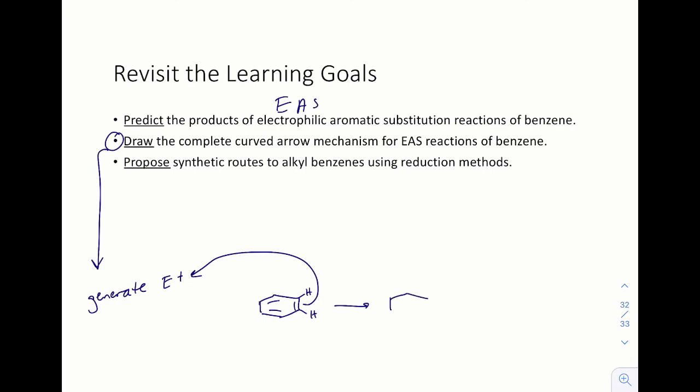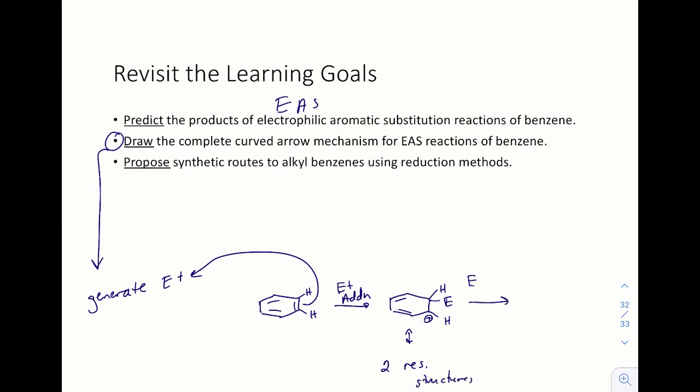So the pi electrons on benzene add to the electrophile, and if you want, just keep these implied hydrogens on those two carbons that you are showing react until you have it down as second nature. Then you want to draw the two resonance structures. I'll let you do it on your own.